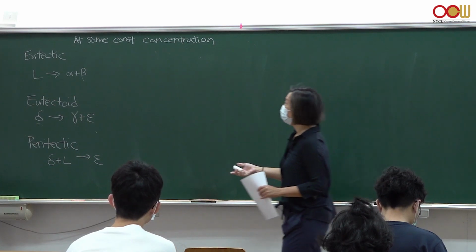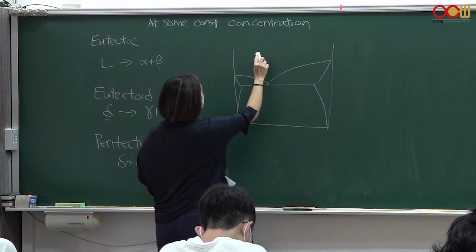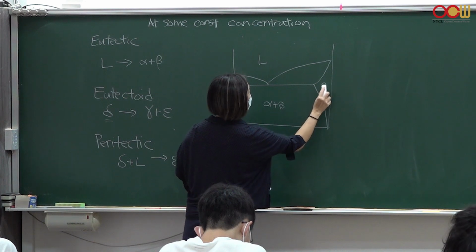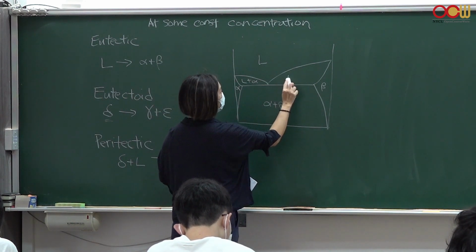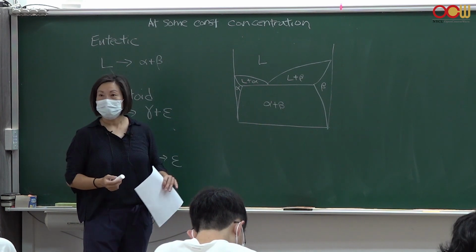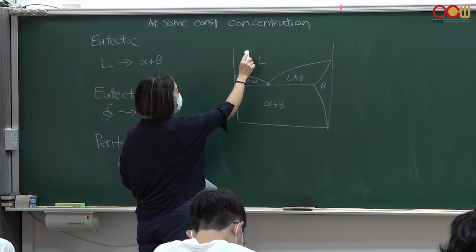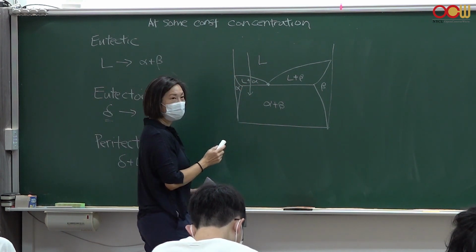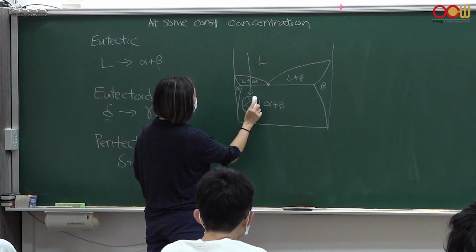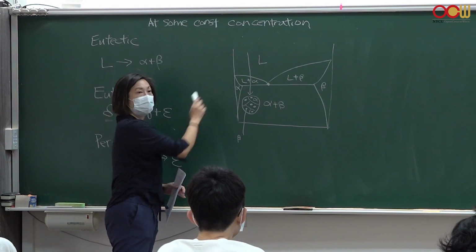But remember, if you have a binary phase diagram, something like this: liquid, alpha, alpha plus beta, beta, liquid plus alpha, liquid plus beta. Okay, so for a simple binary diagram with a eutectic point here, if you cool something down, you'll get a microstructure that has alpha with beta particles, because alpha forms first.